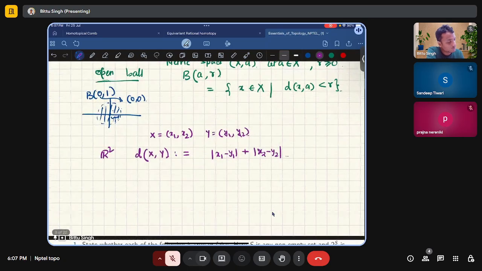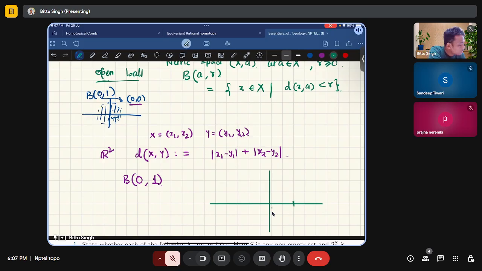In this case, what will be the open ball B of 0, where 0 denotes the origin 0 comma 0, and the radius is 1? Let me draw a picture. Suppose this is 1, and similarly this will be minus 1, that is minus 1 comma 0, and 0 comma 1 in R2.